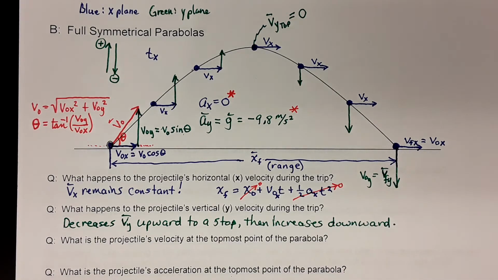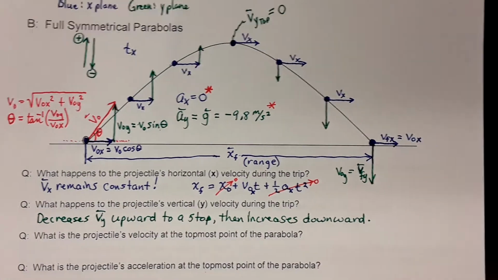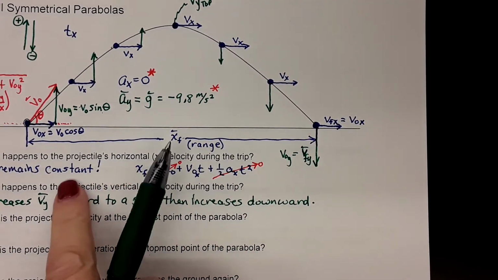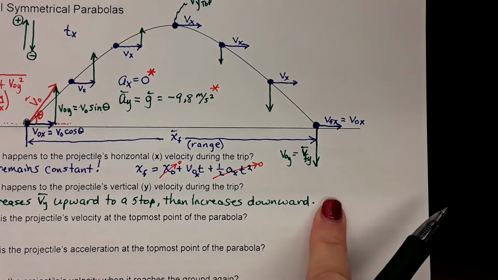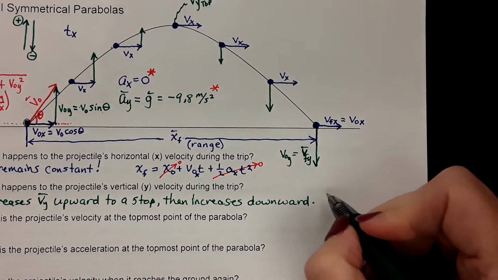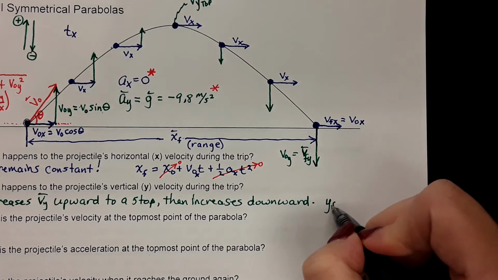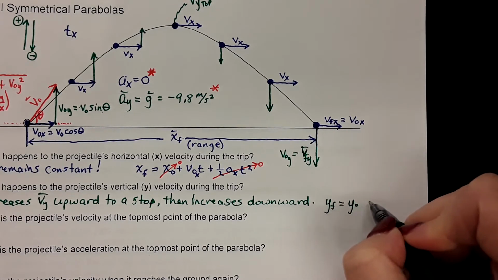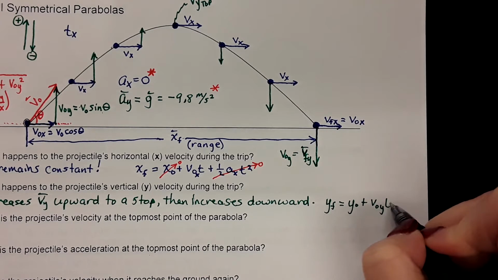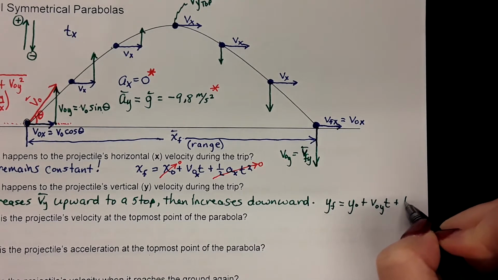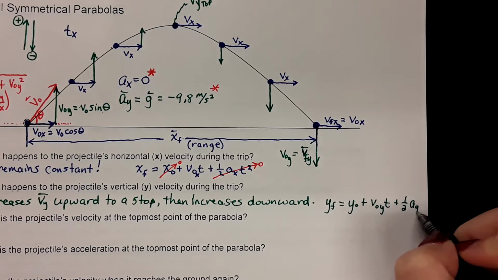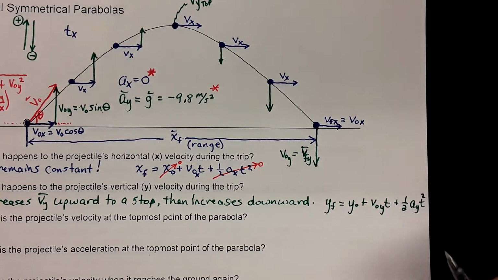Okay? Now, what if we wanted to describe it mathematically? That's the English, but let's do just like we did up here. English, math, English. What about the math? All right, let's look at the general equation. We get y sub f equals y sub o plus v sub o y t plus 1/2, and you can put a y for now, t squared.